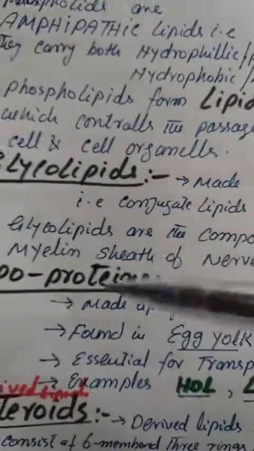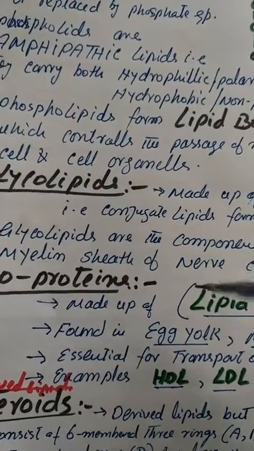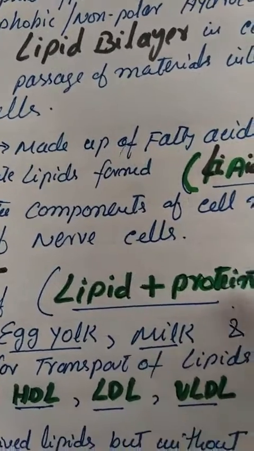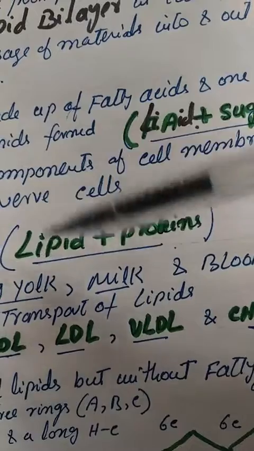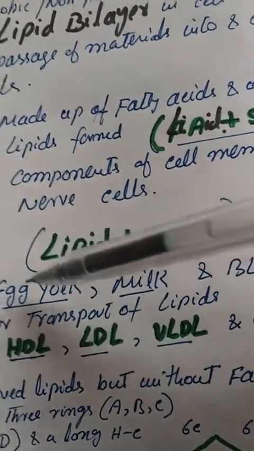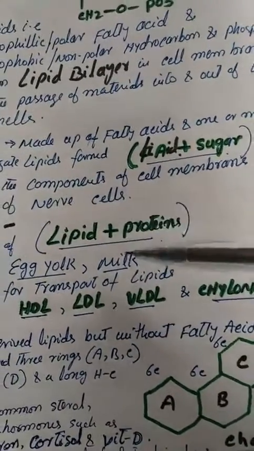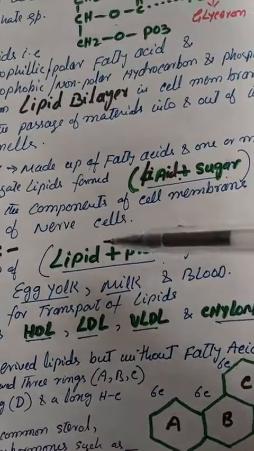Now the third type of conjugate lipid is what is called the lipoprotein. Lipoproteins are made by the combination of a lipid with a protein. These conjugate lipids are found in egg yolk, milk and blood. These lipoproteins are essential for the transport of lipids.